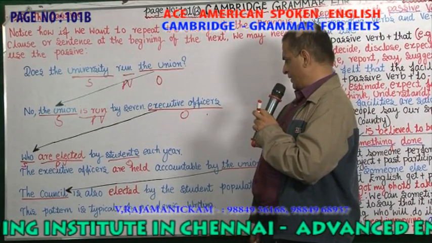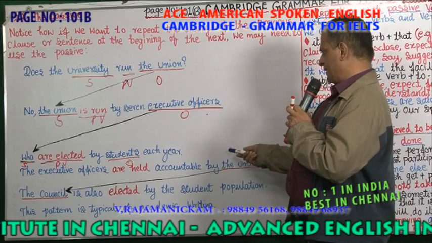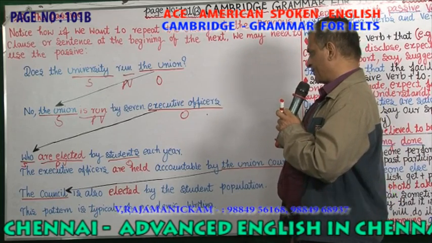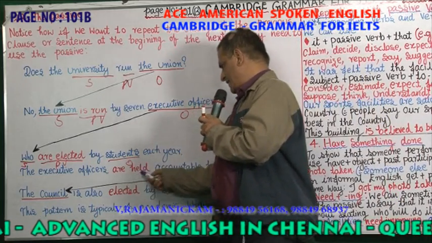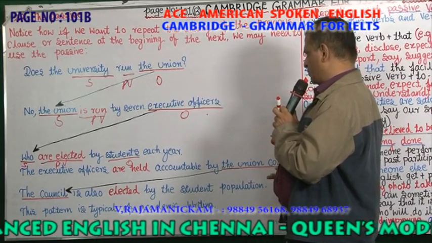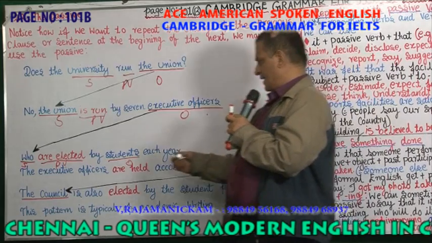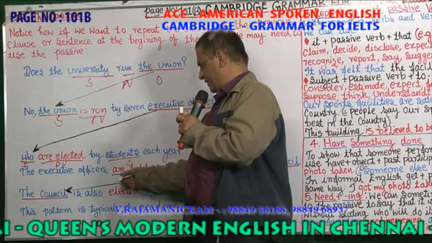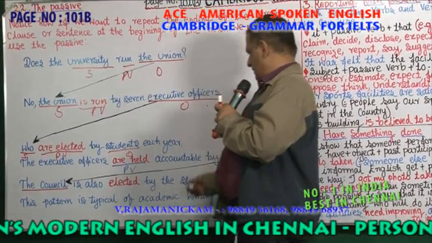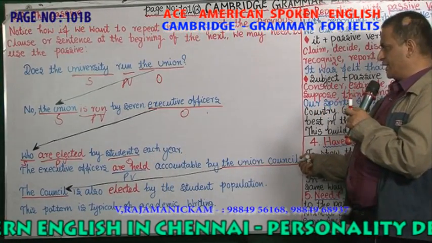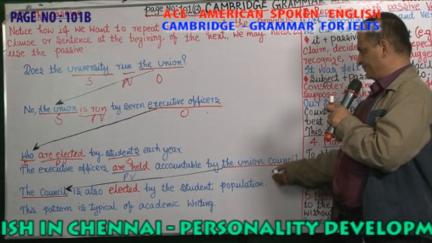Right? Now you see, by students each year, the executive officers are held accountable by the union council. The executive officers are held, it is the passive verb, are held accountable by the union council. The union becomes the object.